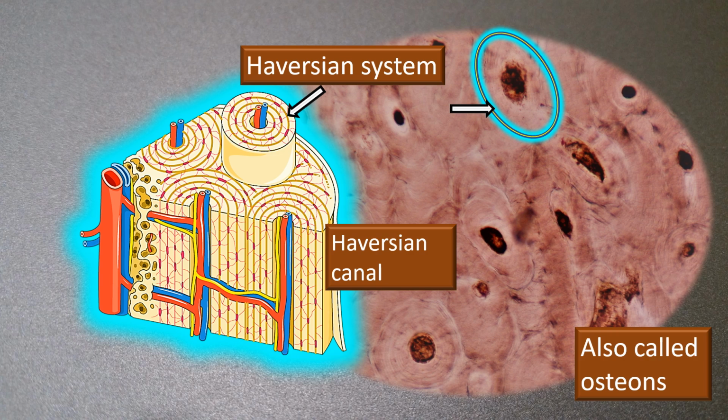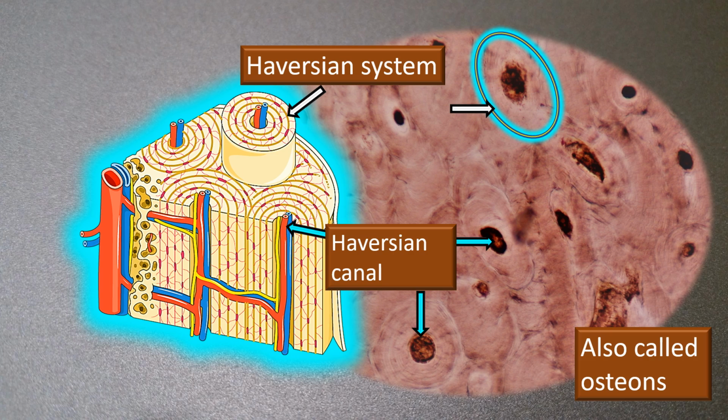I have identified this by an oval shaped area, that is the Haversian canal. A Haversian system is also known as an osteon. You see, the core of the Haversian system is the Haversian canals. The canal contains blood vessels and nerves.